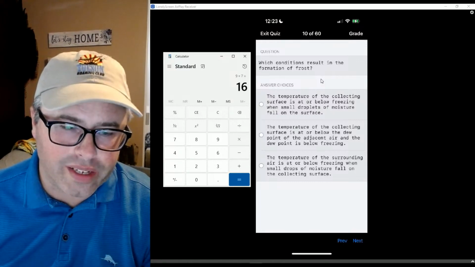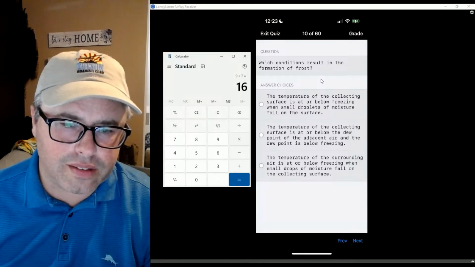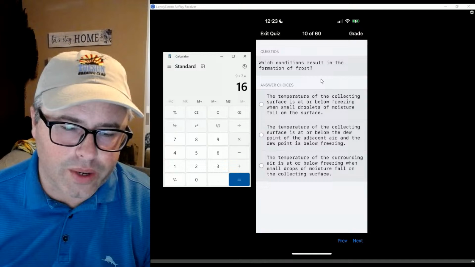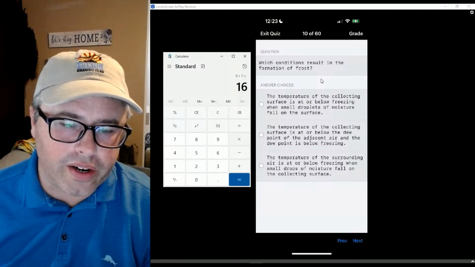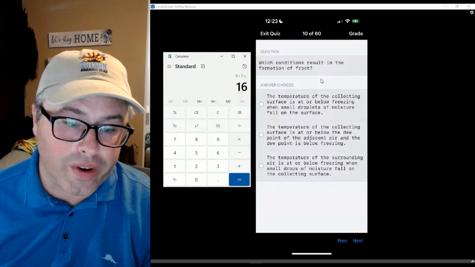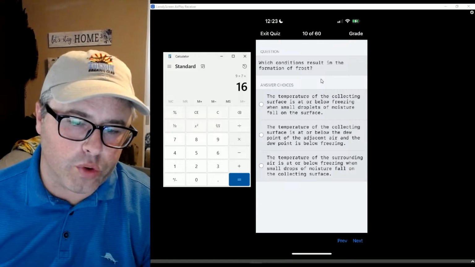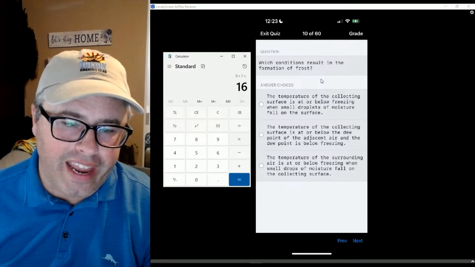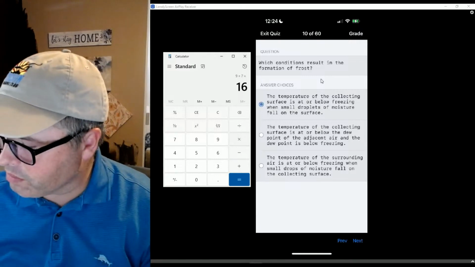No, no. The temperature of the surrounding air is at or below freezing when the droplets of moisture fall on the collector. Well, if the air is at or below freezing, you get snow or ice crystals.